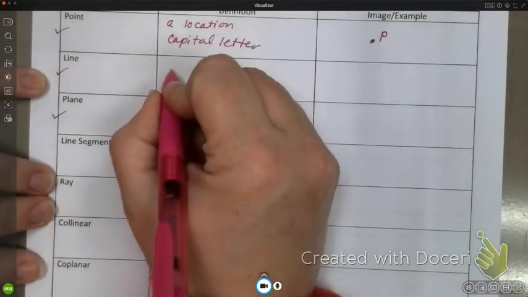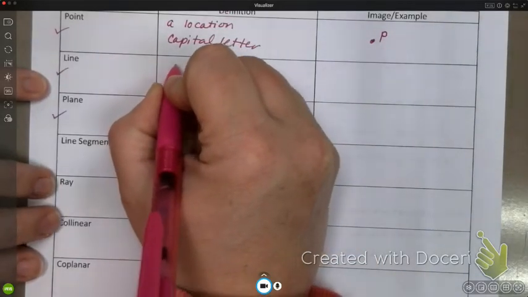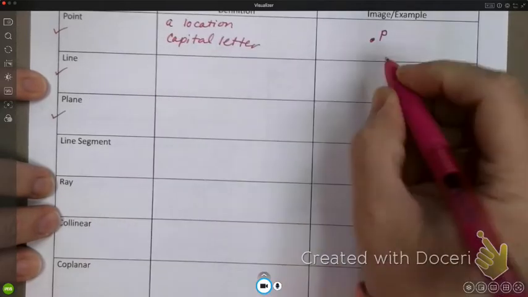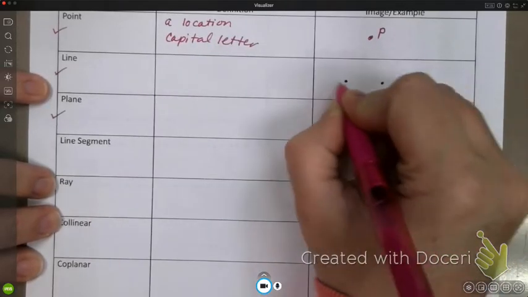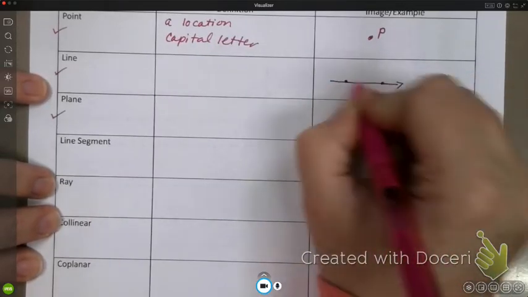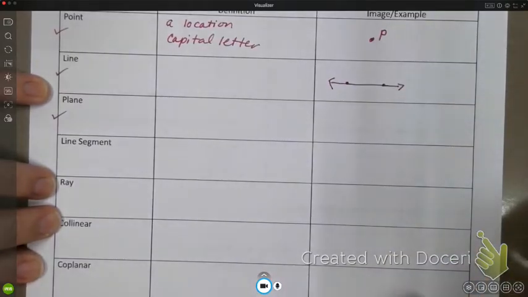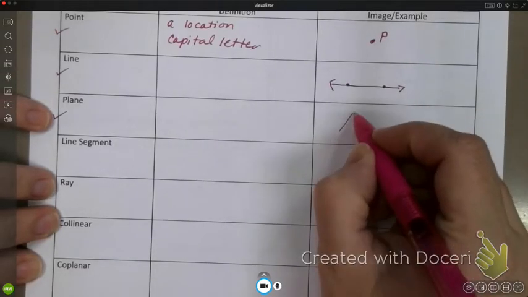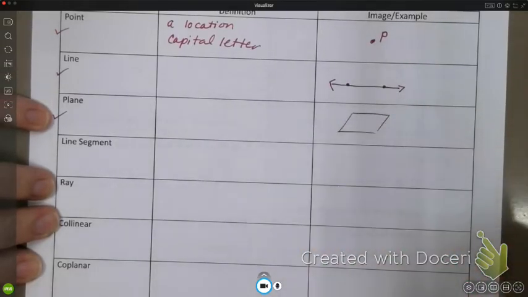What was a line? It is 2 points, right, with a line through it with arrows on each end. And the arrows mean what? It goes forever and ever in either direction, right? A plane, you'll usually see drawn like that. I could think of this paper that I'm writing on as a plane, okay?